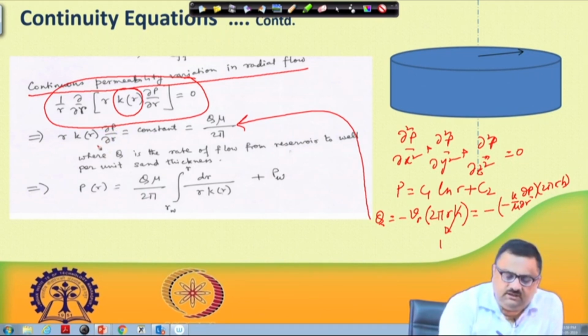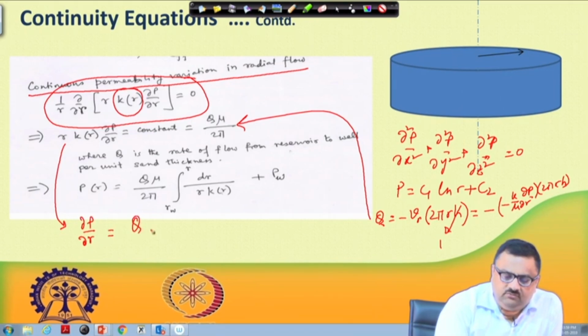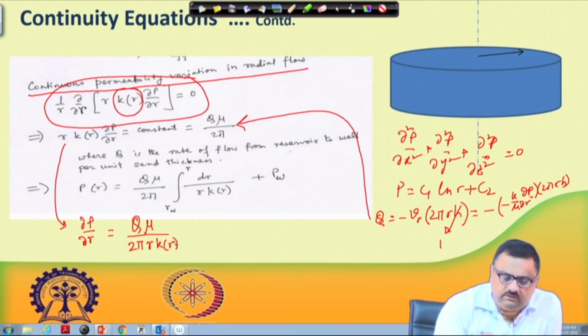The next step is del p del r is equal to q mu divided by 2 pi r into k r. So, this is basically del p del r.